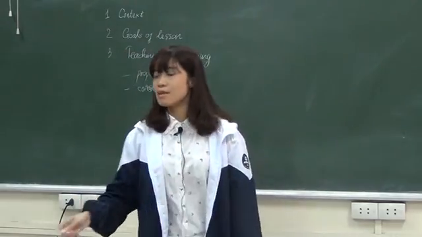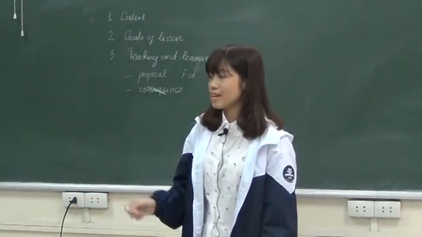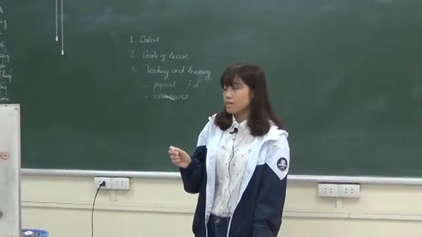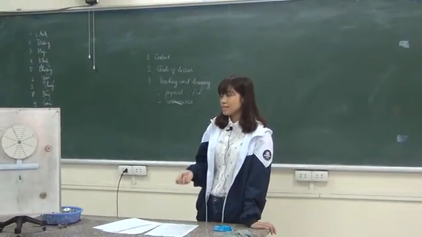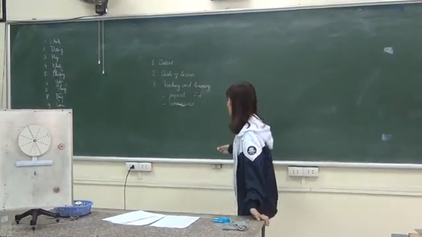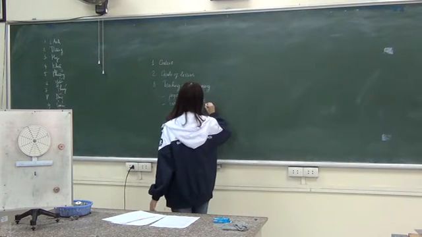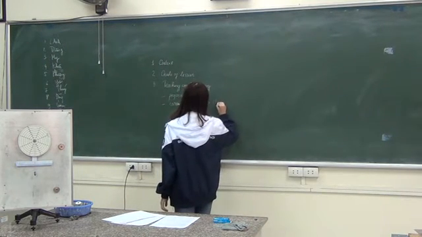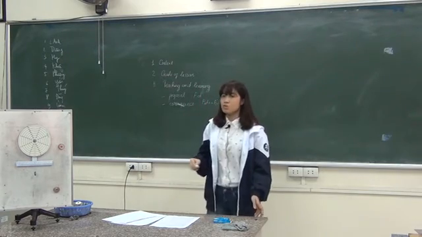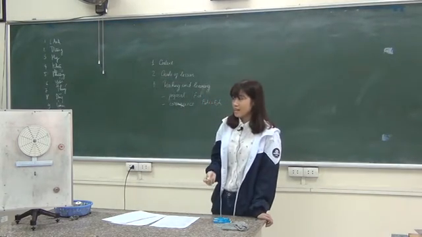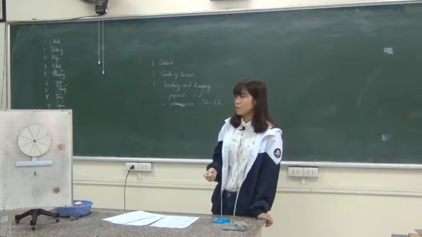Thus, this experiment investigates the condition of equilibrium of a rigid object, F1 D1 equal F2 D2, in order to build the concept of moment and derive the principle of moment.